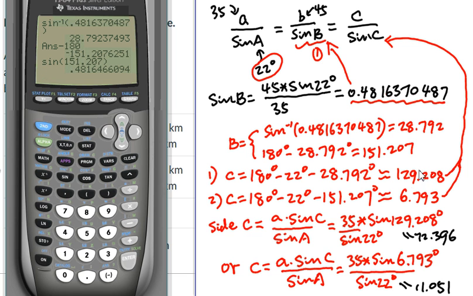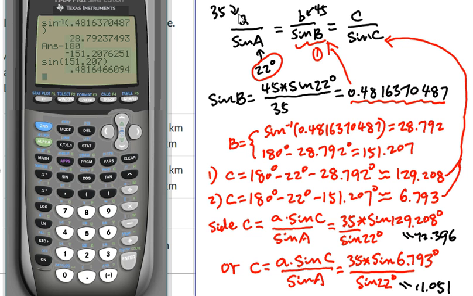Let's consider the first case. If it is 129 degrees, then what's the side value? Here again we have 35 and sine 22. If C is 129 degrees, you have a different c.